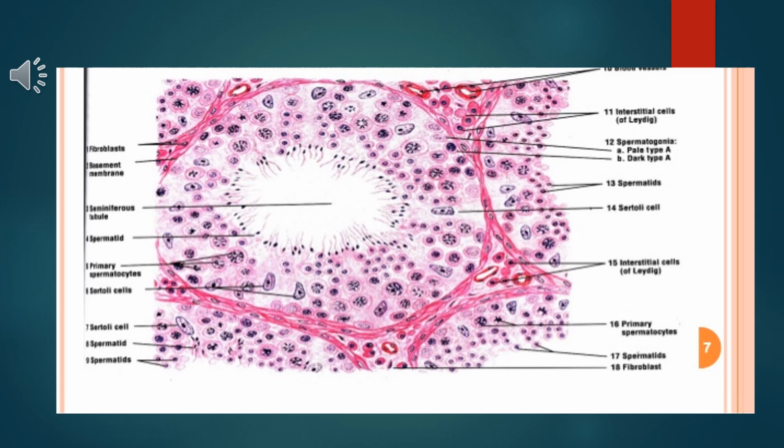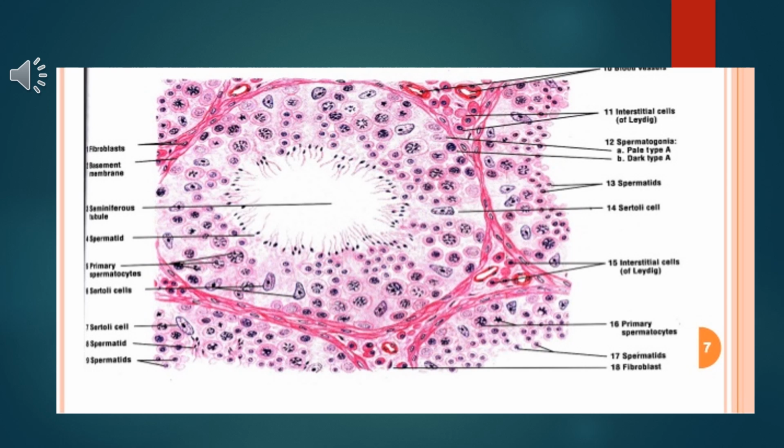The most basal one is called spermatogonia, and this spermatogonia will undergo mitotic division and produce the primary spermatocyte. The primary spermatocyte will be the largest among the cell population you can see in the seminiferous tubule.